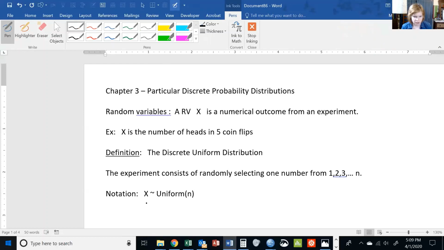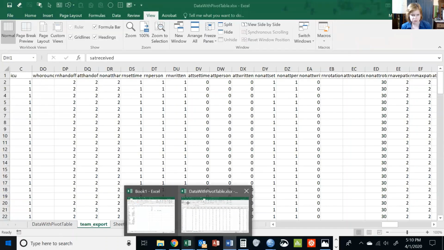This is my random variable, the x. The tilde means "is distributed as," or you might think "x has probability distribution," and then the uniform says I want the uniform probability distribution.